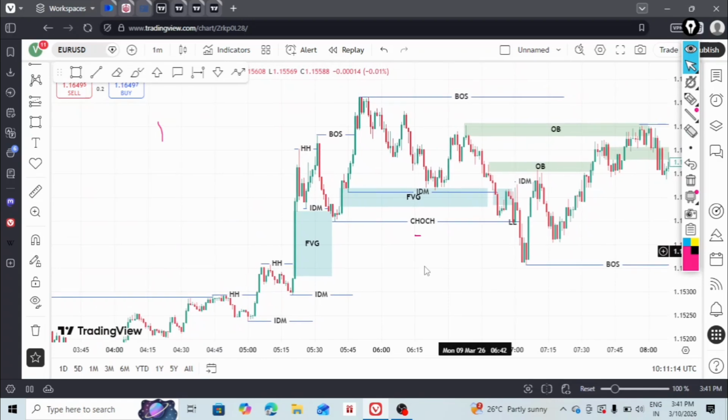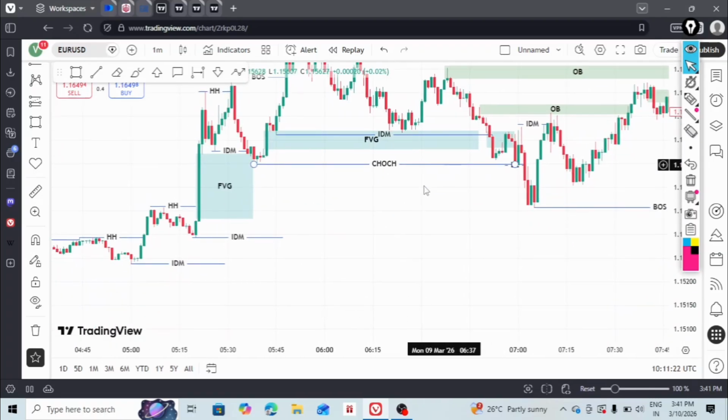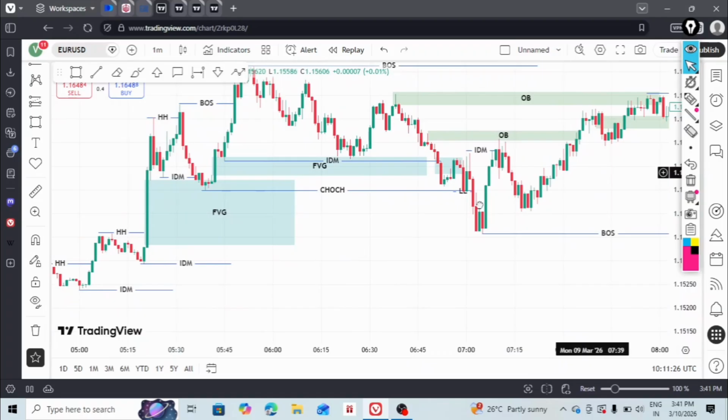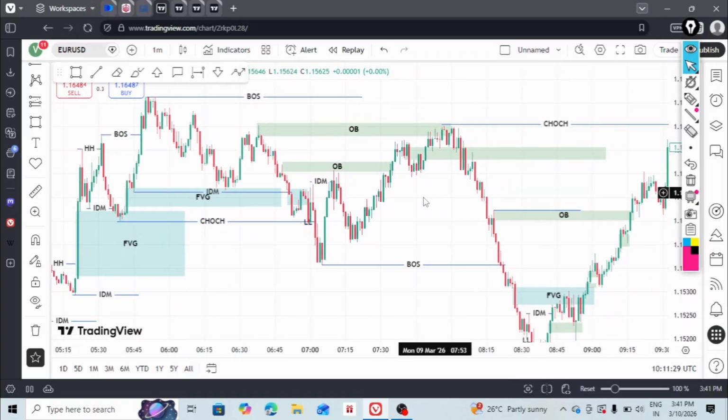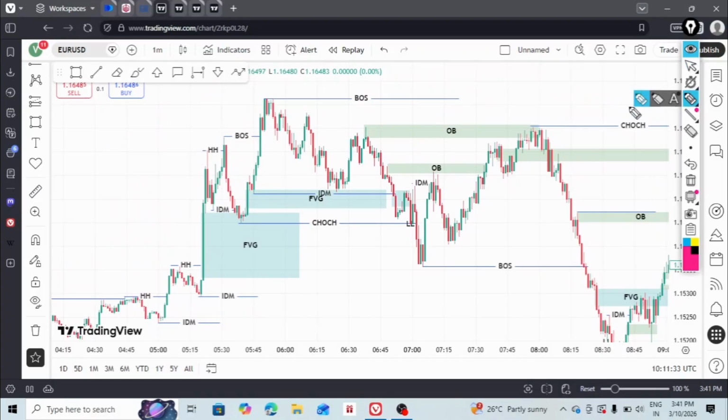I won't be showing examples of taking the trade by using the gaps, but if you want to know more about the targets, you can watch the other video as well. And this is just about the technical and then the practical trend.